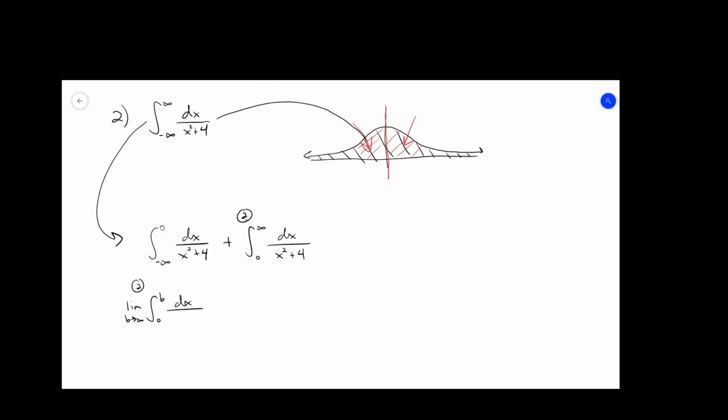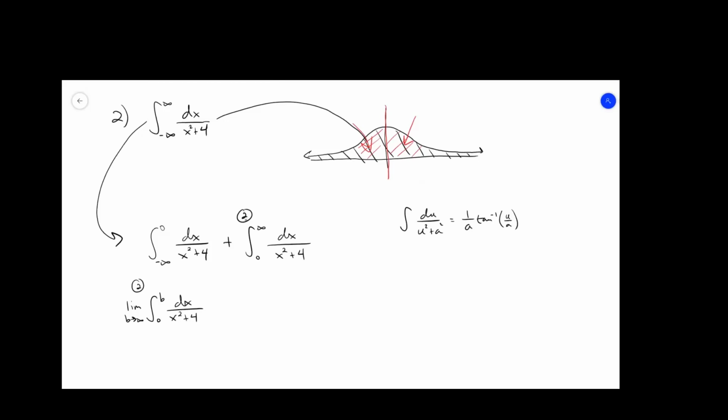So integral number 2. Again, this is one where we need to remember that form, and so I wrote it earlier, but I'll write it again here. If you have this type of integral, du over u squared plus a squared, then the antiderivative is 1 over a inverse tangent of u over a.